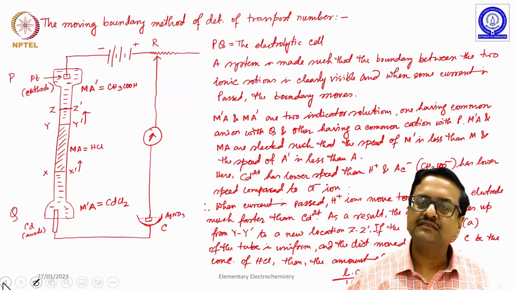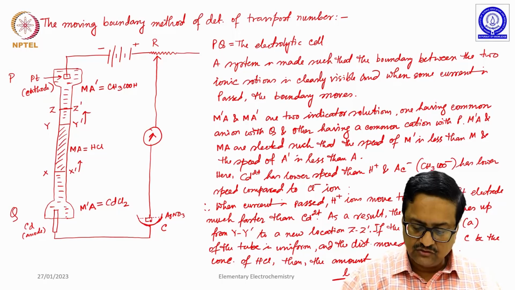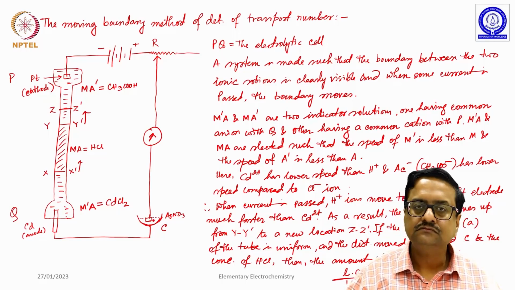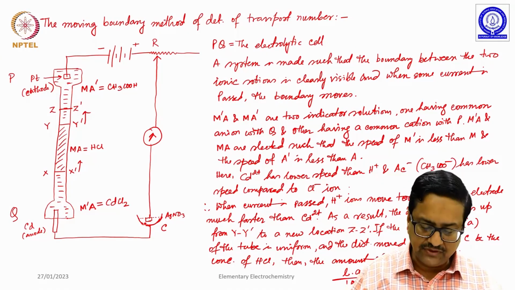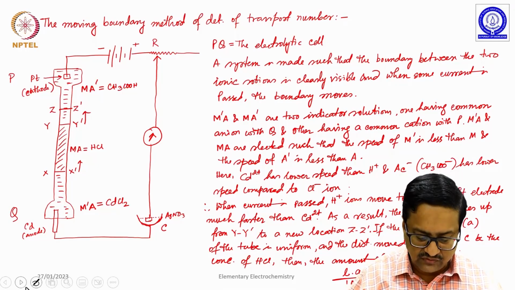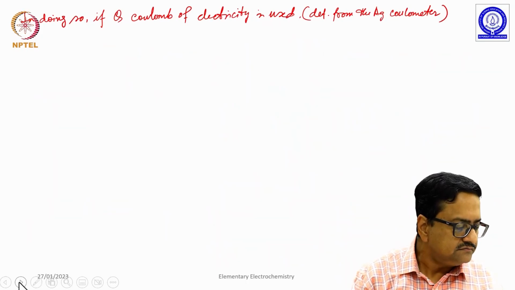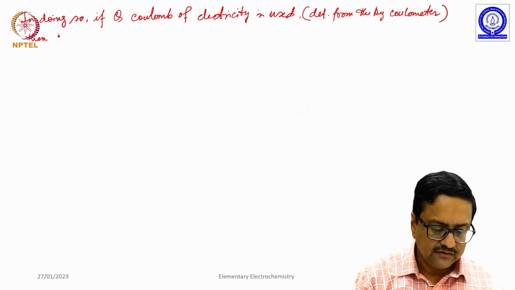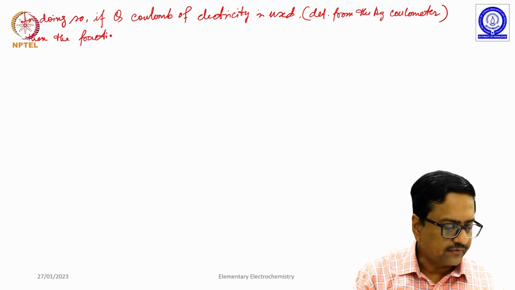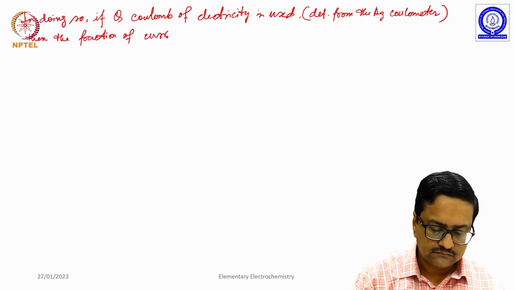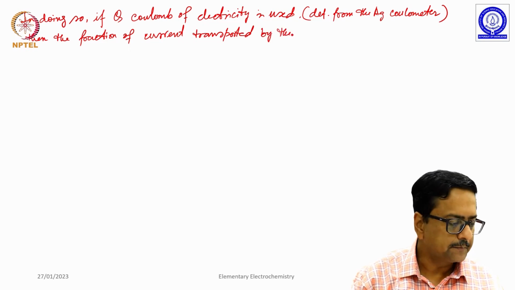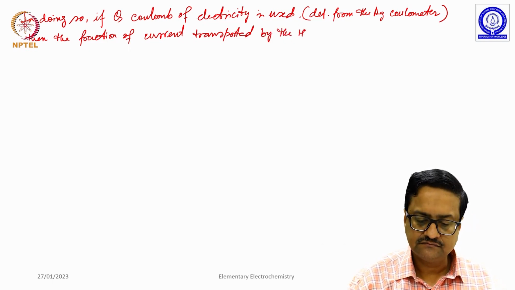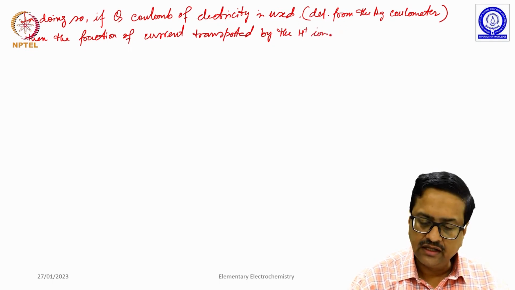Because when you pass some current through this solution, some silver will get deposited in the coulometer, and you can weigh the coulometer and find out how much silver is deposited, and based on that you can calculate the value of Q. Then the fraction of current transported by the H+ ions is nothing but T plus into Q.